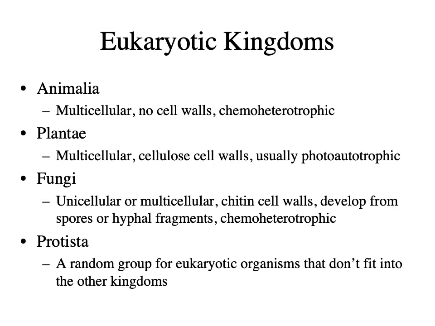So these are eukaryotic kingdoms. I wanted to talk about them because you might have heard them before and you're wondering where the kingdoms are. We really focus on domains and subcategories in those domains, which is why we haven't talked a lot about kingdoms.